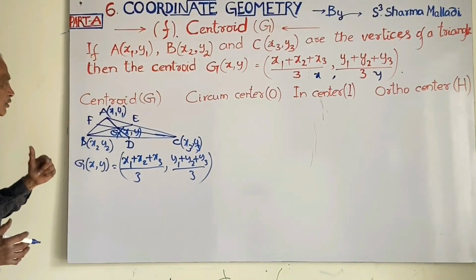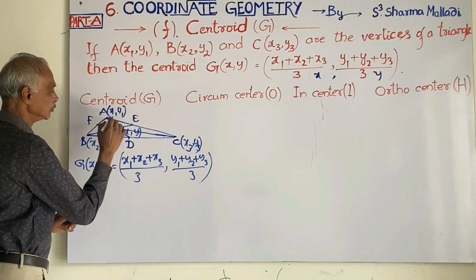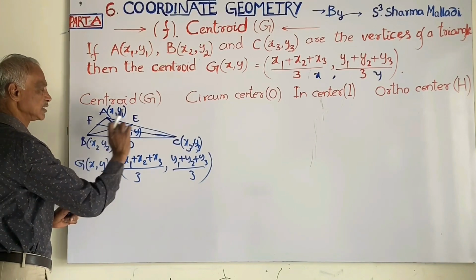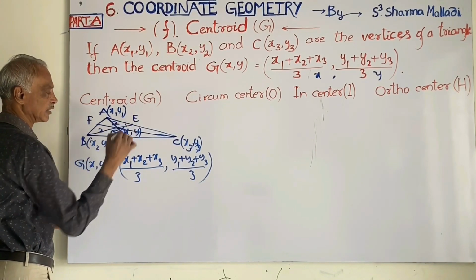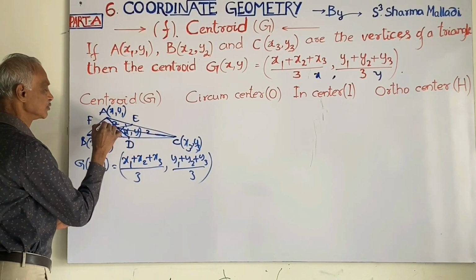And also I want to tell one thing: this centroid divides the median in 2:1 ratio. The centroid divides this median in 2:1 ratio, and also this one in 2:1 ratio.